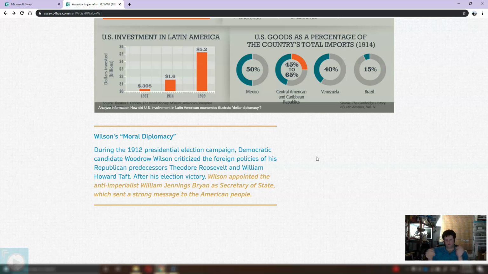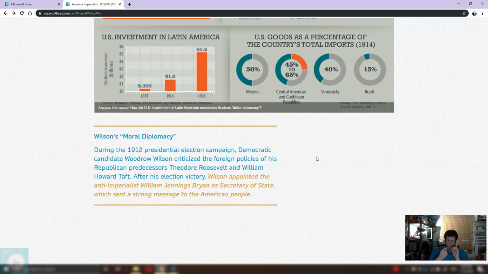We'll hear about it in his 14 points as World War I rages. But essentially what he believes is that the United States should act as a moral compass for the world and guide other countries to being better, adopting democracy, adopting free trade, adopting these things because they are good, according to Wilson's moral diplomacy.